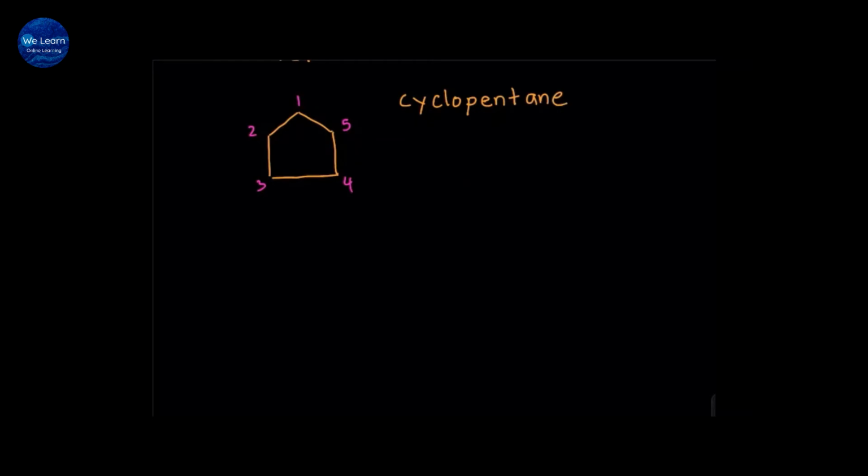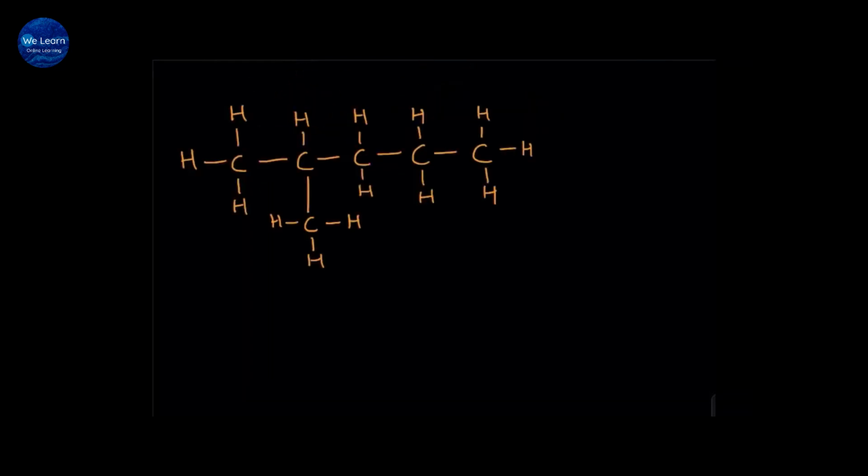Okay, so let's move on to a slightly more complicated example where we deal with branches. Let's try to number this carbon chain. Something to note here is that when I number this carbon chain, I'm going to number it in such a way that I get the lowest possible number on this branch. So I'm going to number it from the left. Let's see what number I get on that branch.